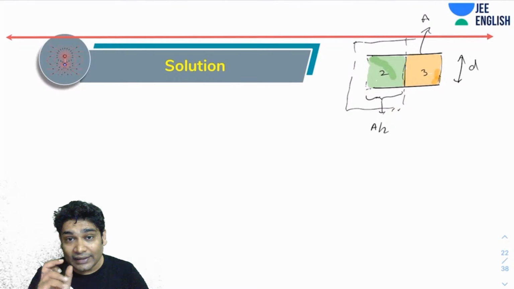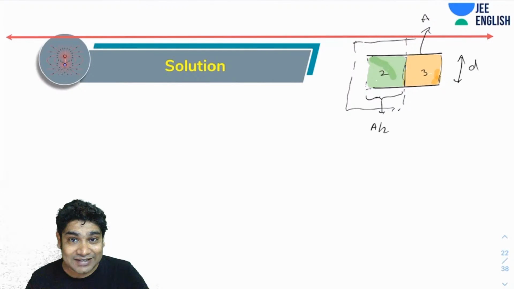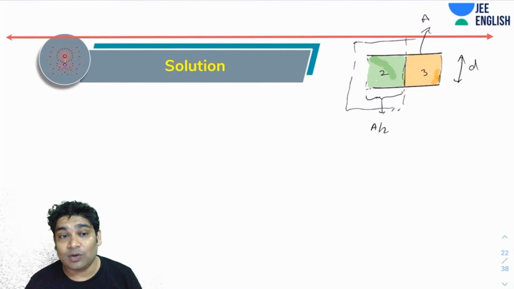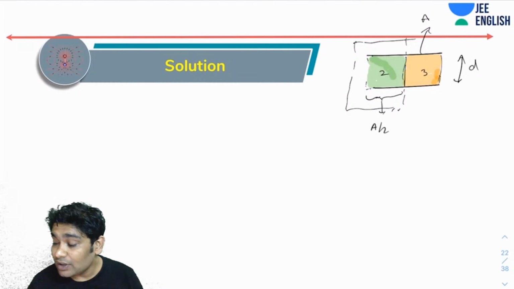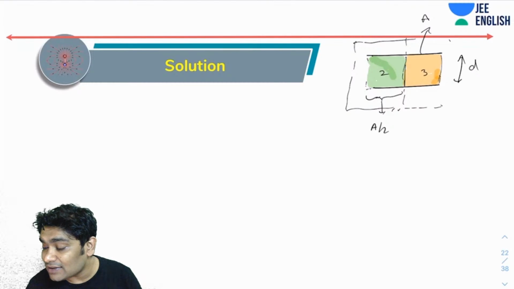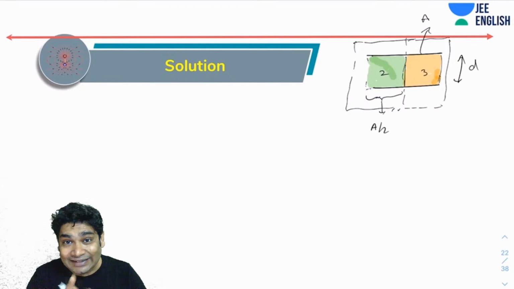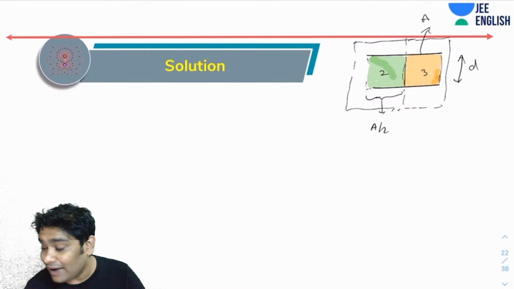So you can think of this as one capacitor which has area A by 2, distance d, and a dielectric inside it with dielectric constant 2. Similarly, you can consider this as another capacitor. So you essentially have two capacitors, and these two capacitors, please mind it, will be connected in parallel. Why?